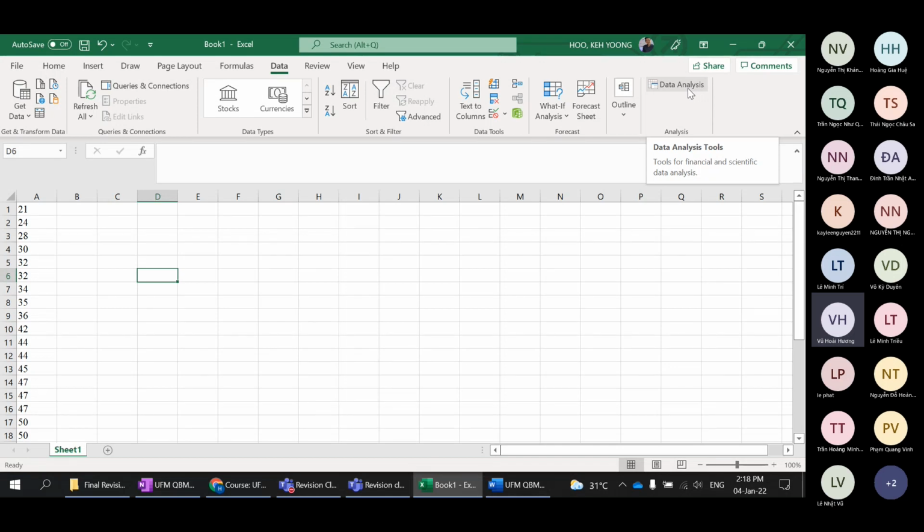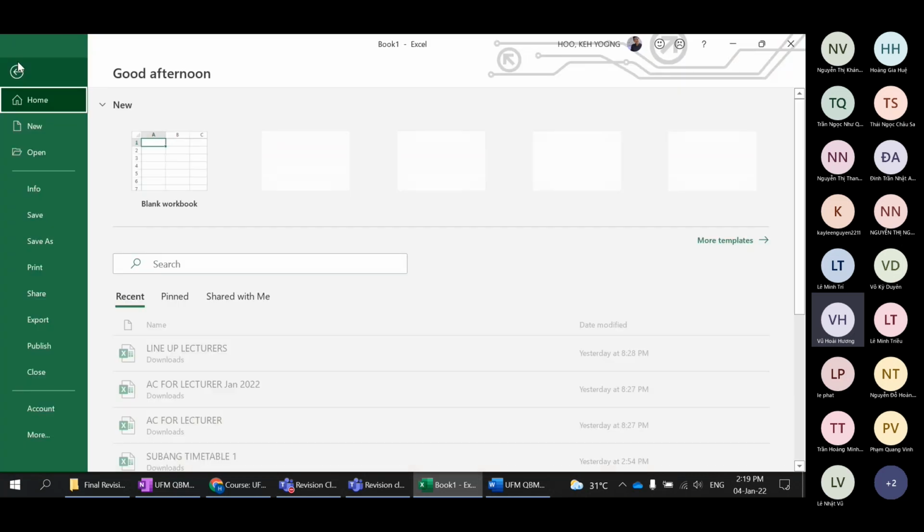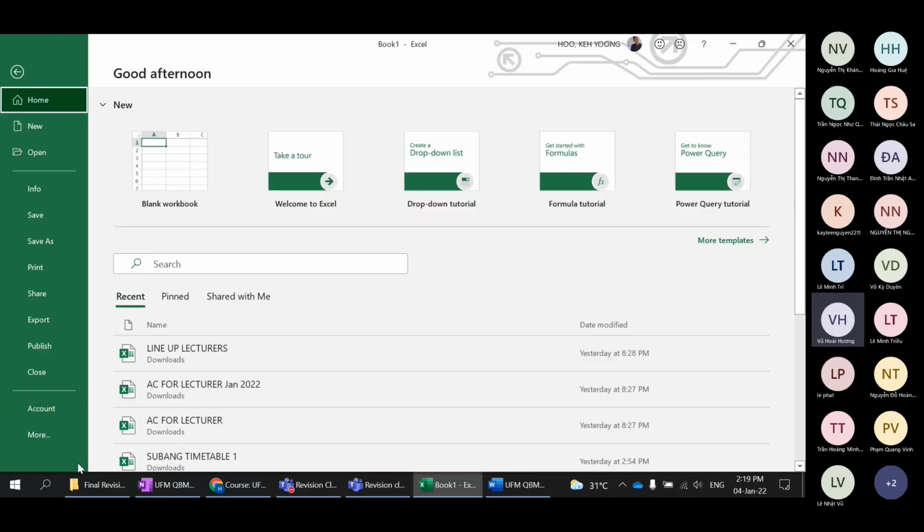Anyone can't follow or need me to repeat? Let me know now. Can you repeat, please? Which step are you at now? Did you manage to open your Excel options?